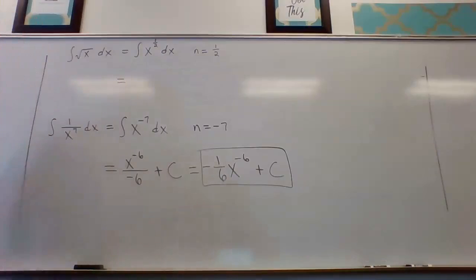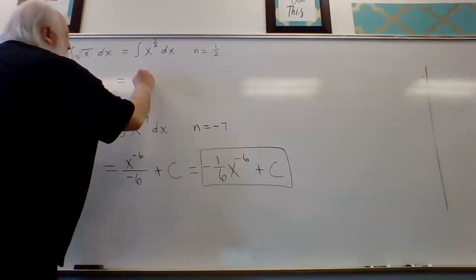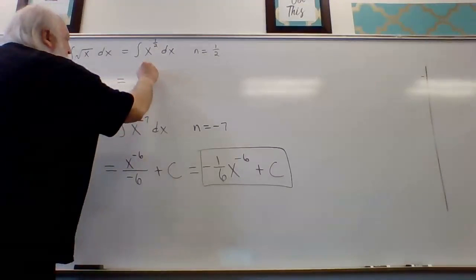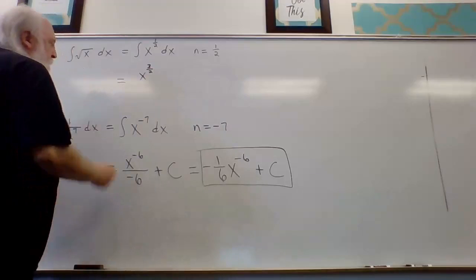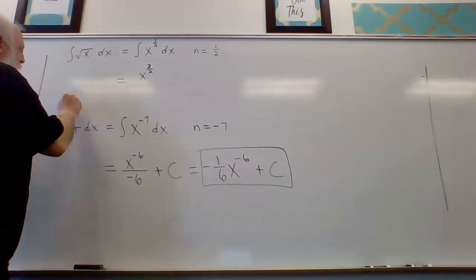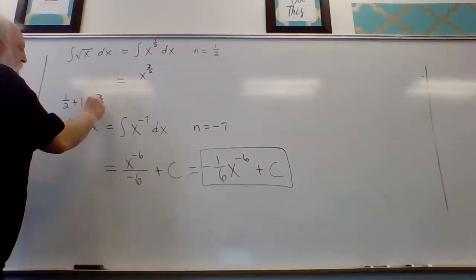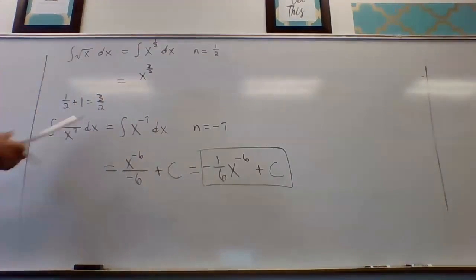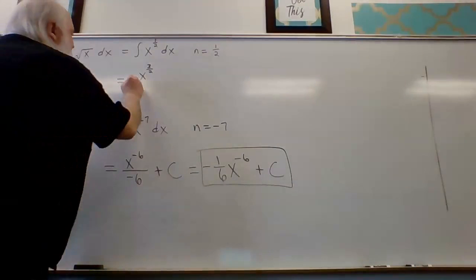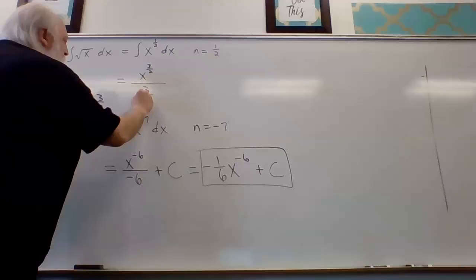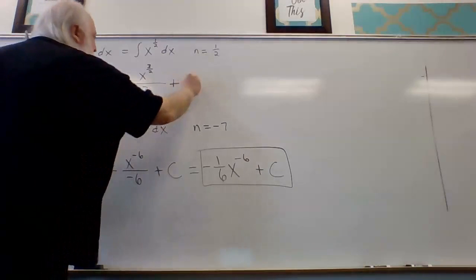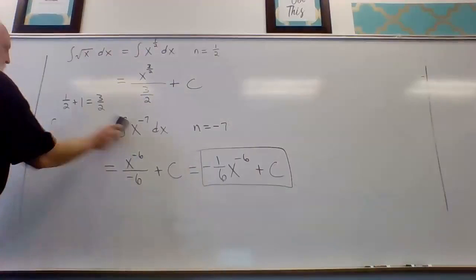And now to find the antiderivative of x to the 1/2 power, we add 1 to the exponent and we get 3/2, right? 1/2 plus 1 is equal to 3/2. And then we divide by 3/2. And then add the arbitrary constant c.